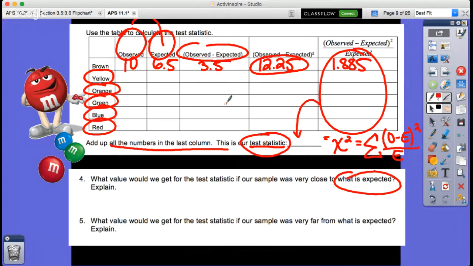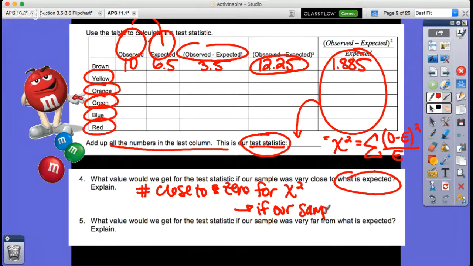So anytime that we have a number close to 0 for our chi-squared, we say that in that instance, our sample was close to what was expected, okay?